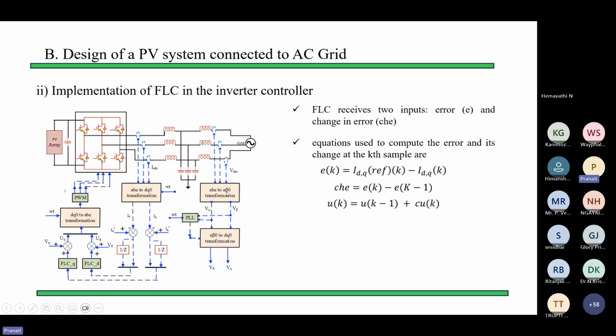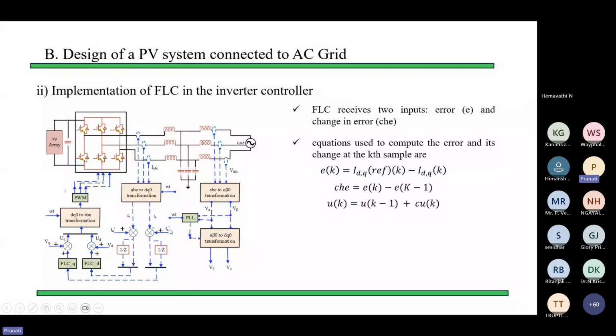Now, this alpha beta coordinate is again transformed into the DQ coordinates, which produces D axis voltage and Q axis voltage. It is easier to work with DC quantities; our controller is compatible with the DC quantities. That is why we have used ABC to DQ0 coordinate transformation, so that it will be easier for our controller to work with the DC values.